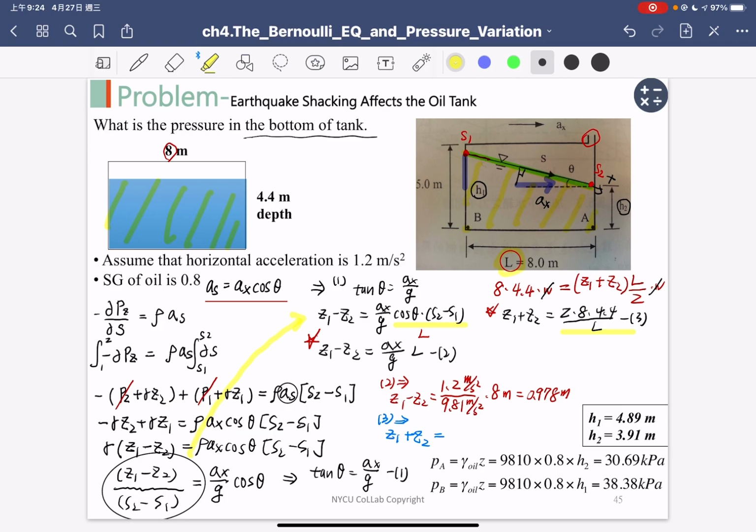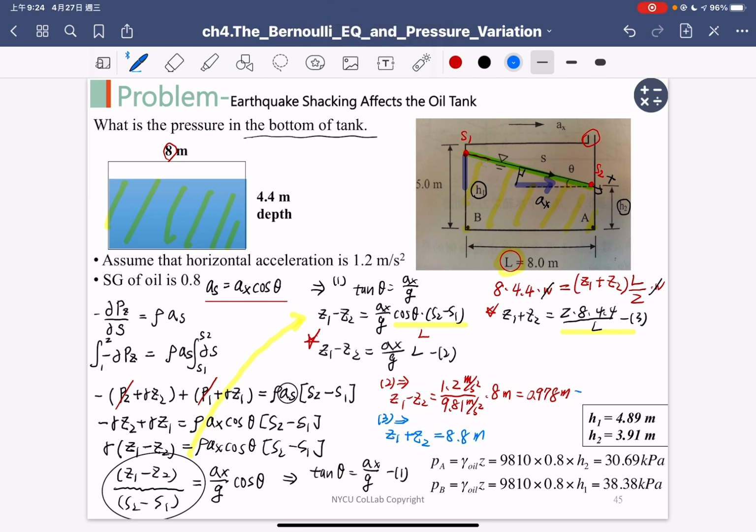Okay, so it equals around 8.8 meters, divided by 2 and 8.